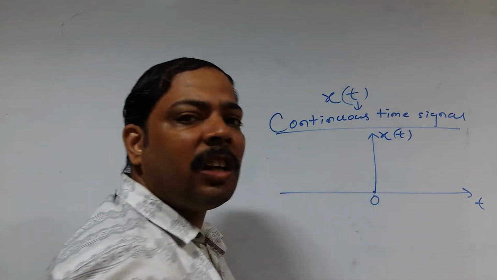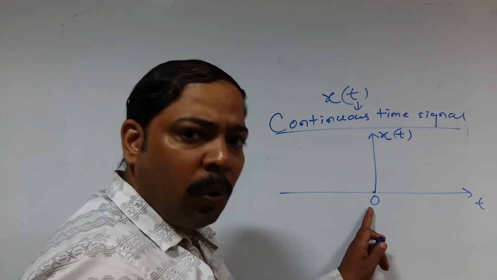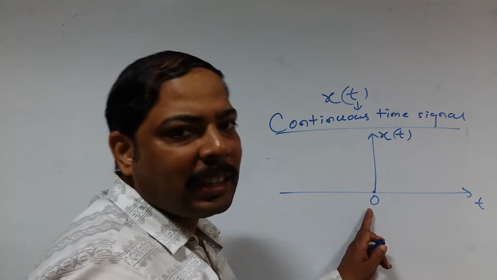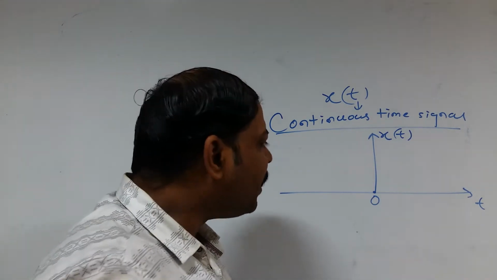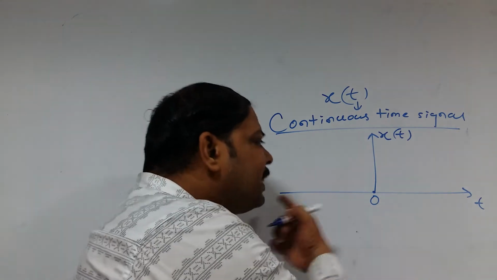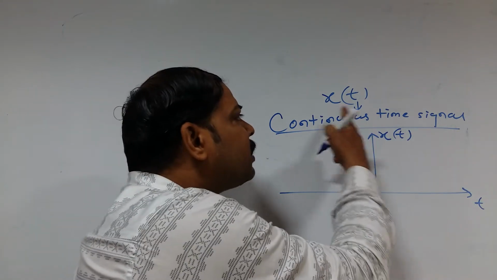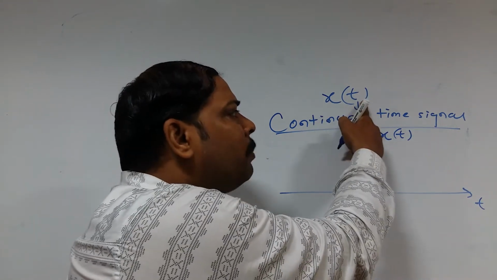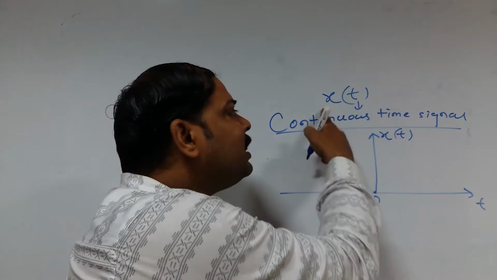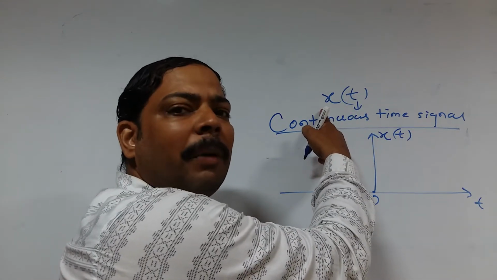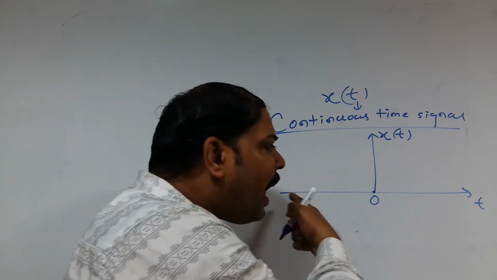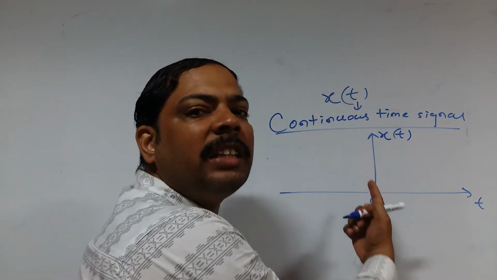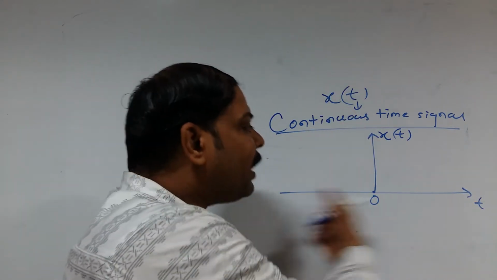This is just considered as the origin, that means time 0 and x value is also 0 at this particular point. Whenever you are discussing x as a function of time, t is the independent variable and x is the dependent variable, and always the independent variable is taken on the abscissa and the dependent variable on the ordinate. So you get a plane.